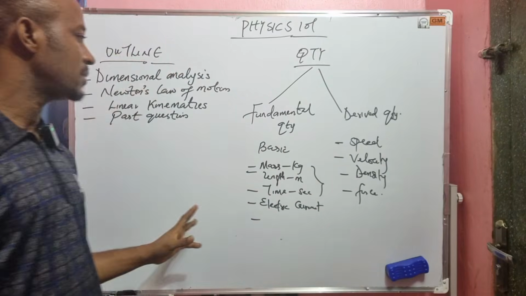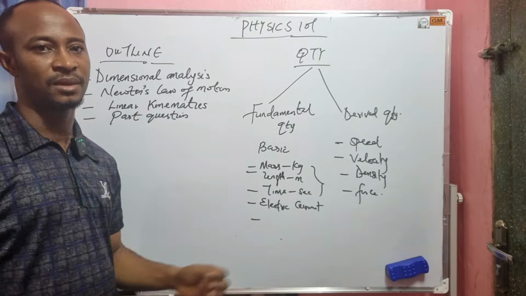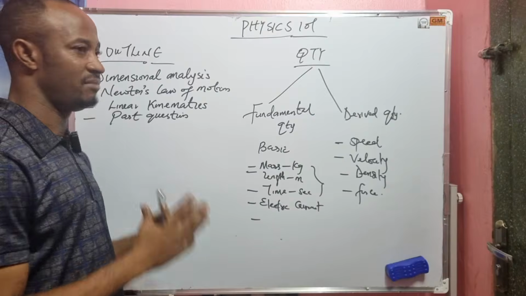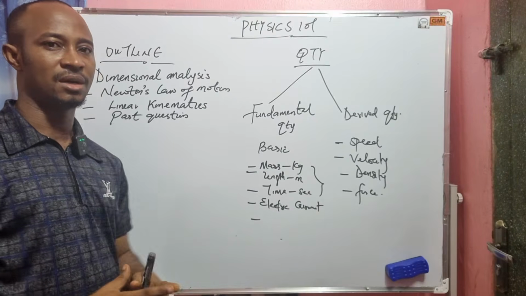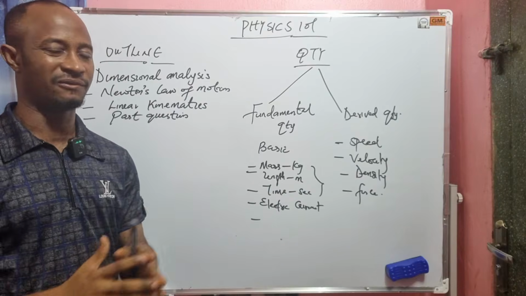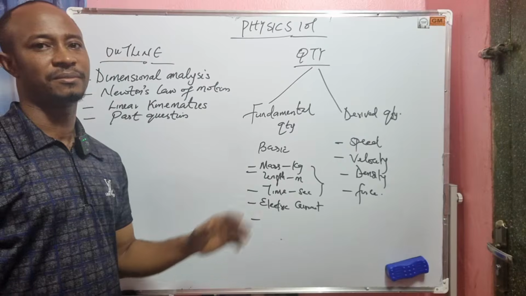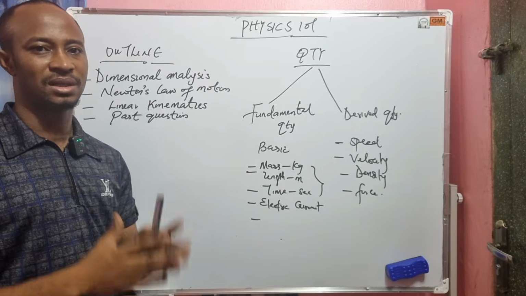Now, I'm not going into it, I just want to give a breakdown of what fundamentals are. So when you hear the word dimension, it simply means the expression of physical quantities in terms of their fundamentals, which are mass, length, and time.